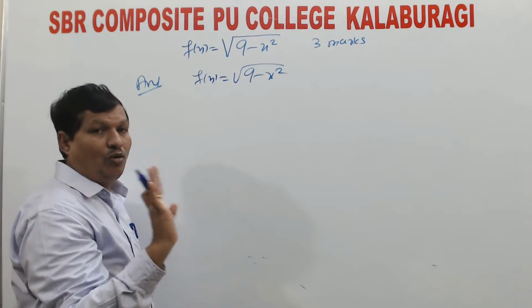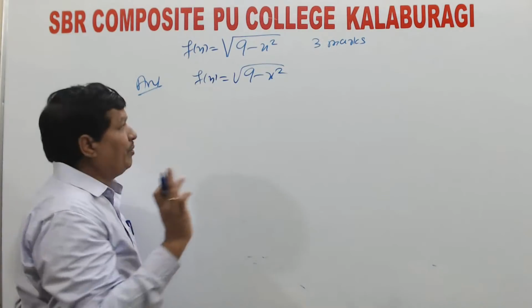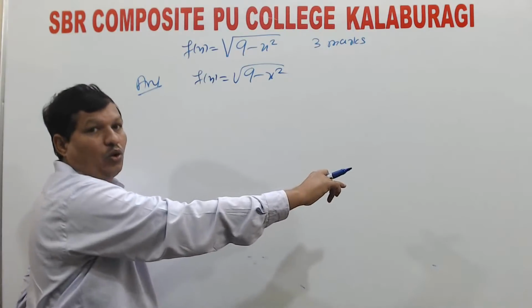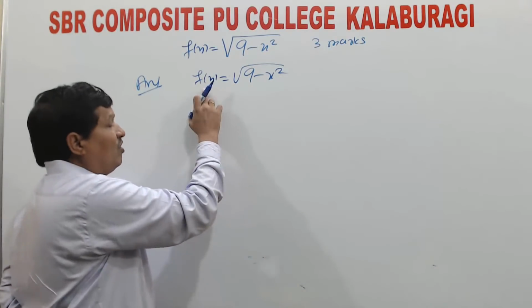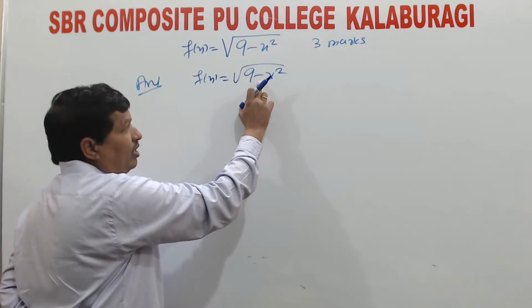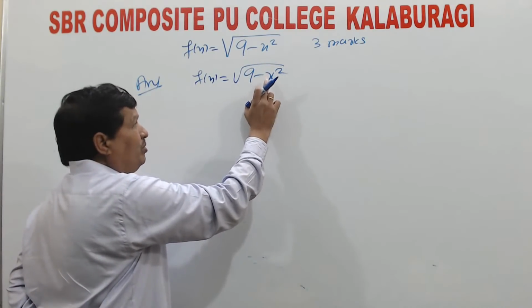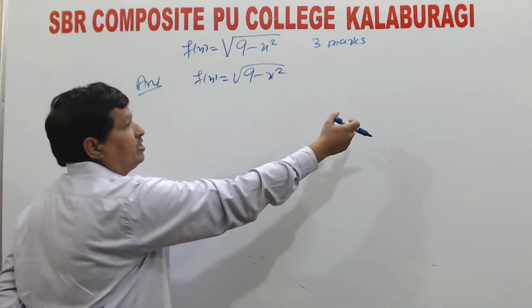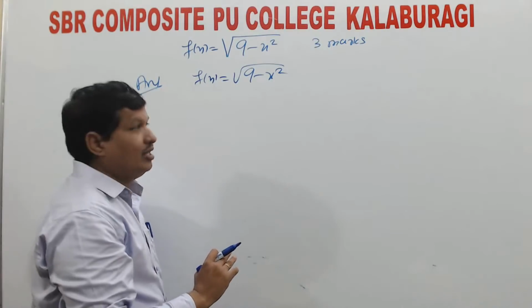Real valued function means codomain should always be real numbers, because f of x belongs to codomain. x belongs to domain, f of x is from codomain. Suppose 9 minus x square is less than 0 or negative, then f of x will become a complex number. Therefore, a complex number is not present in the codomain.